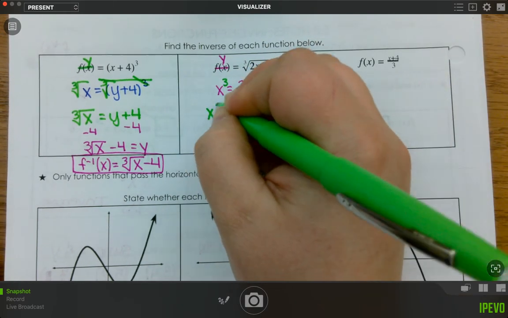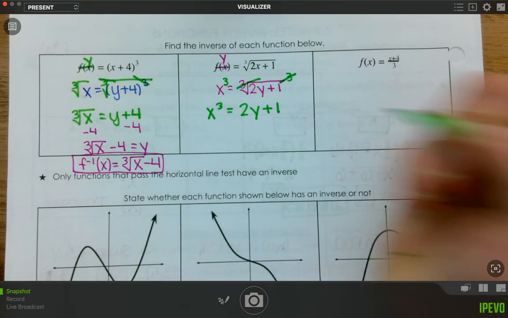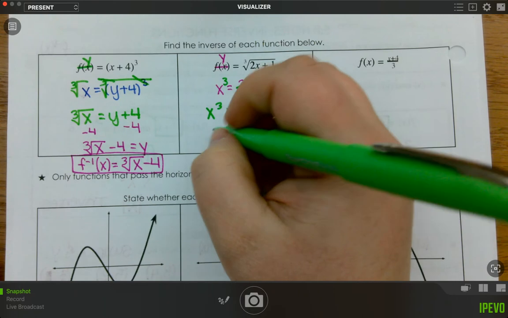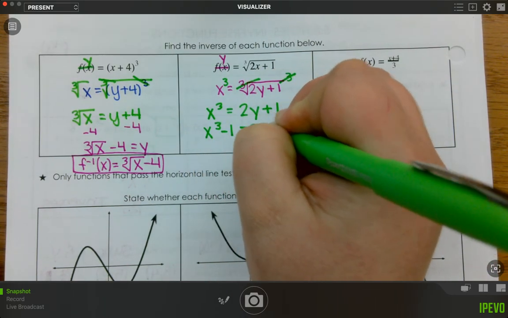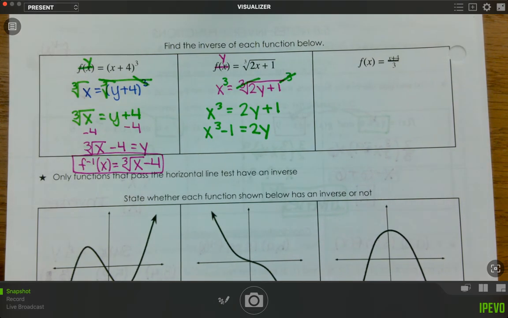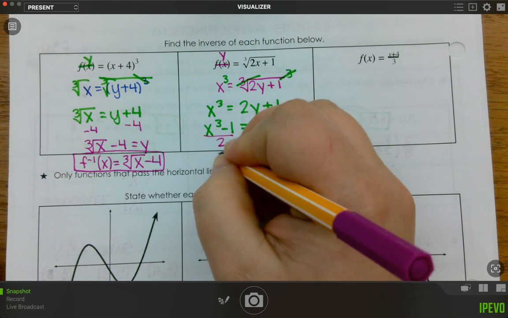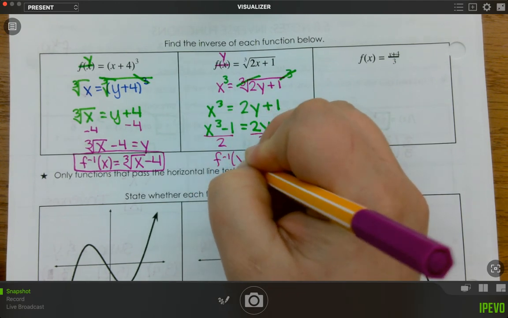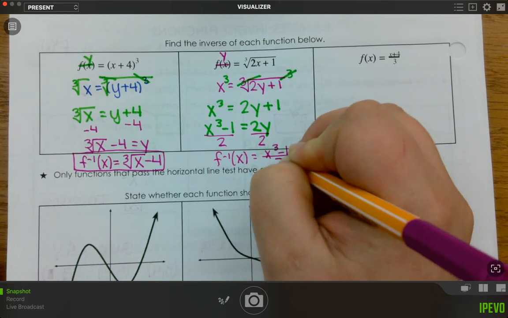So I have x to the power of 3 equals 2y plus 1. You're going to subtract that 1 to the other side and divide by 2. So I get that my inverse is x cubed minus 1 over 2.